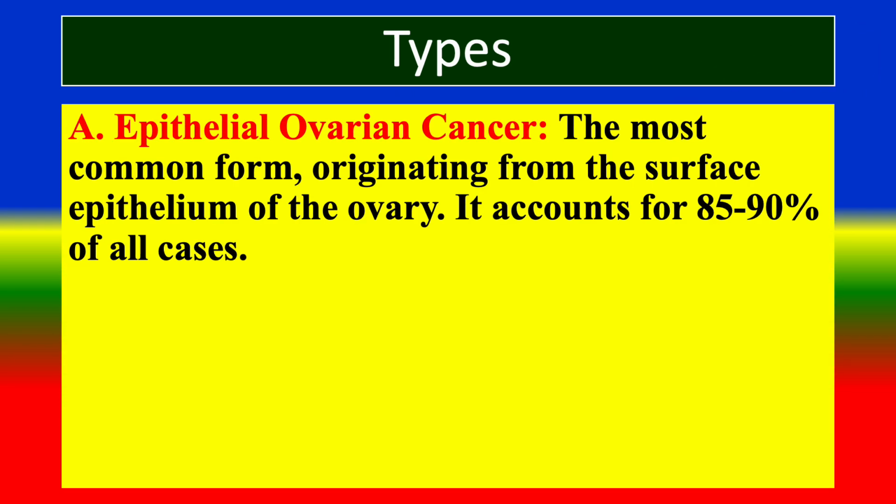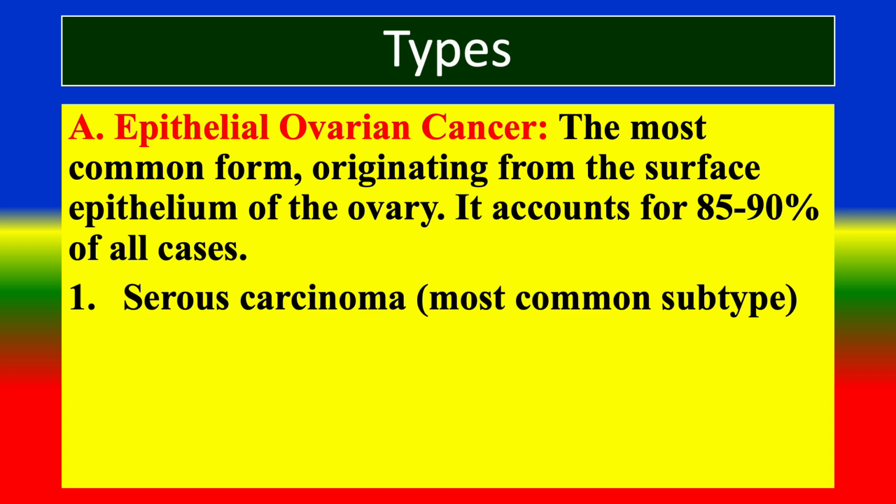Types. A. Epithelial ovarian cancer. The most common form, originating from the surface epithelium of the ovary. It accounts for 85 to 90% of all cancers. 1.